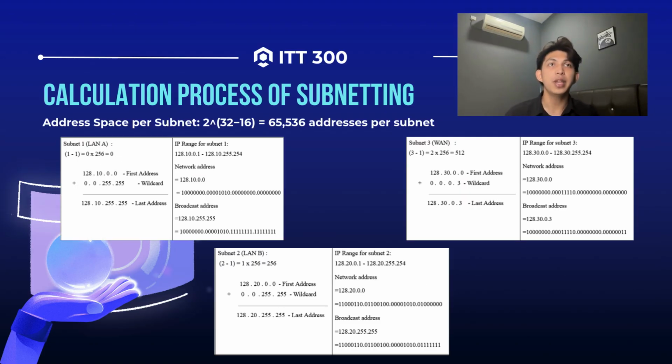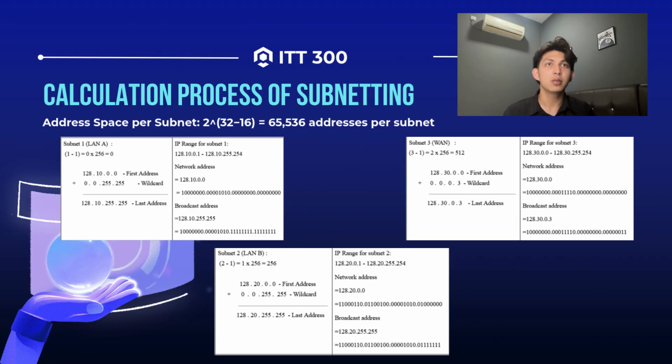Final slide, we analyze the exact logical boundaries for each subnet block. The baseline address block allocated per standard subnet in the setup is 2 to the power of 32 minus 16, which is 65,536 addresses.